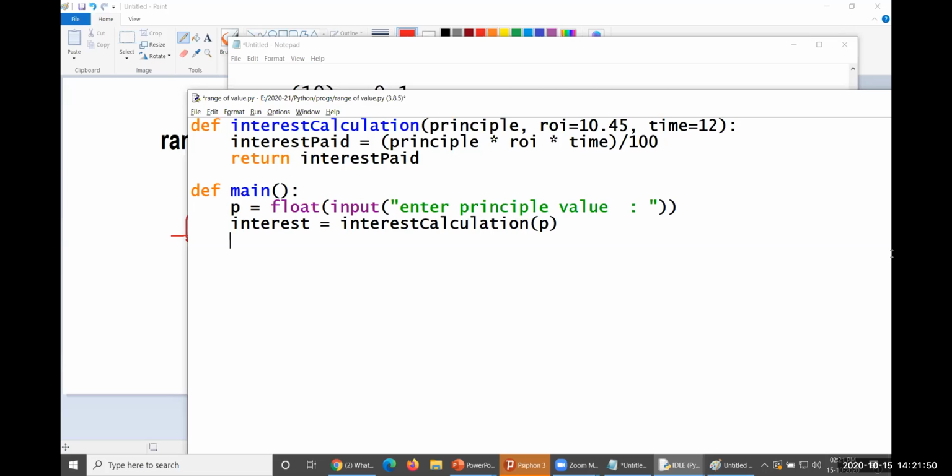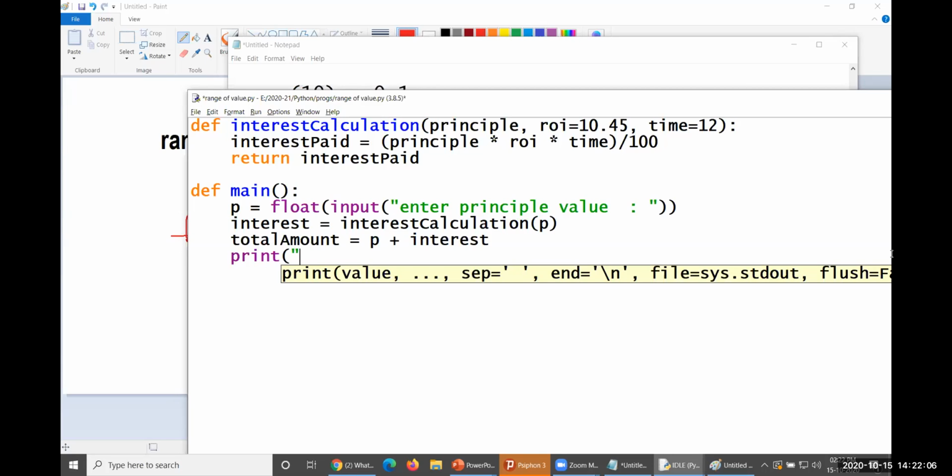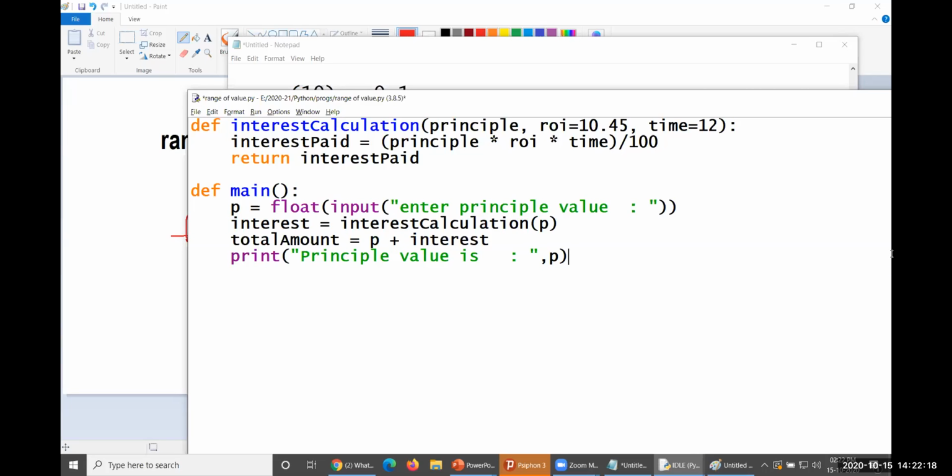So total amount paid will be equal to P plus interest. Then print principal value is, whatever principal value you have taken into consideration, comma P, that is the actual amount which has been borrowed from your friend.